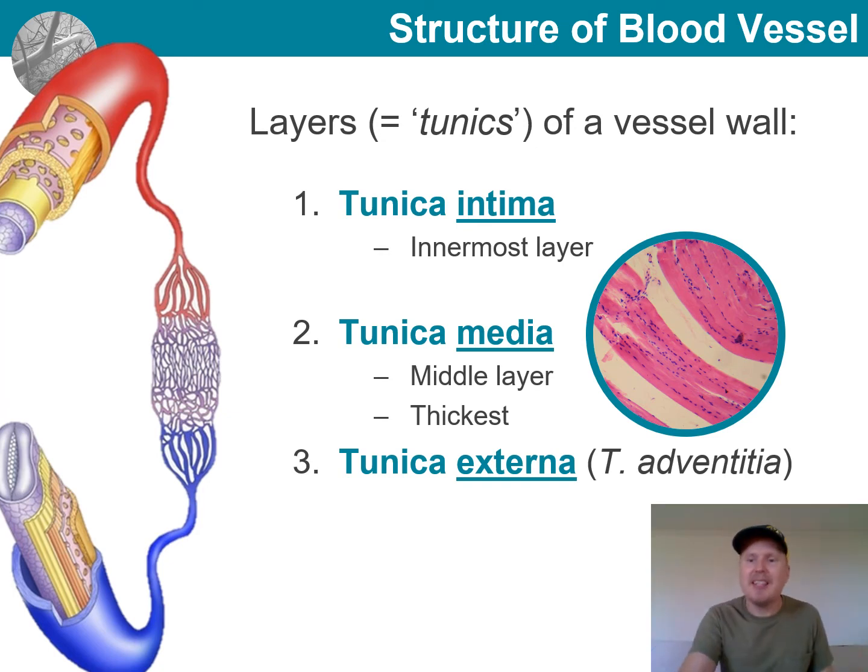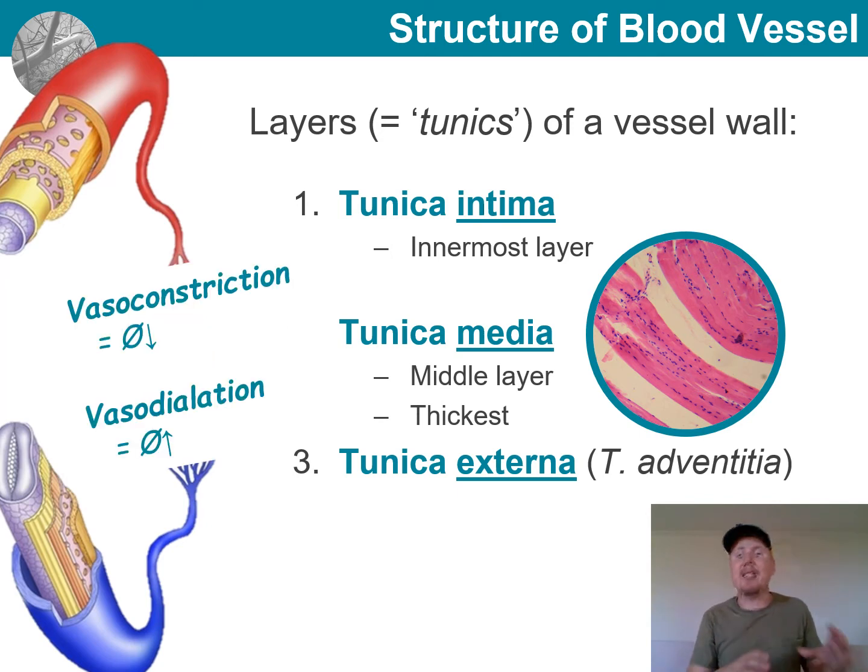And of course, these were known as vasoconstriction, where the vessel diameter decreases as the smooth muscle layer constricts around it, and vasodilation, where the diameter increases.